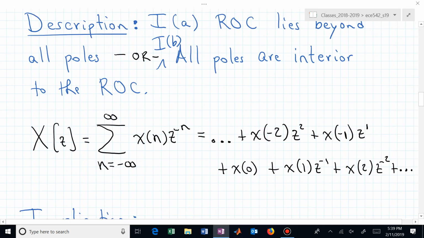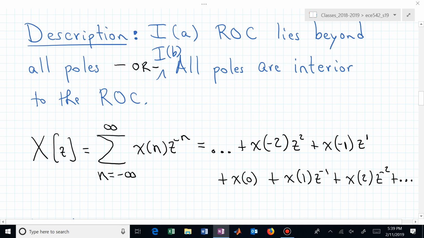If this is now the z-transform of little x of n, can we say anything about particular x's in this infinite sum? Right now this infinite sum is summed from minus infinity all the way up to plus infinity. But we said in this particular pattern, z goes off to infinity.